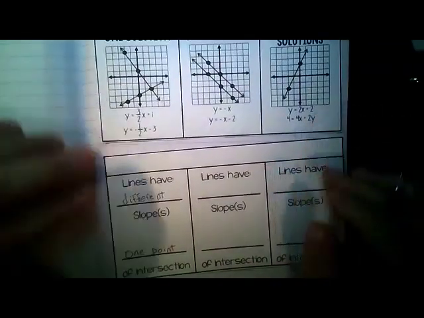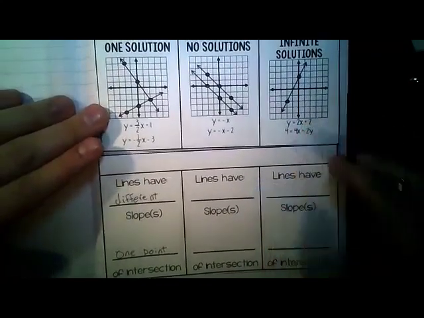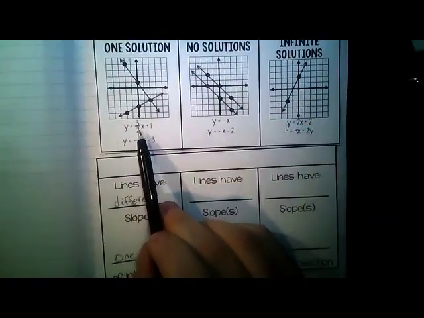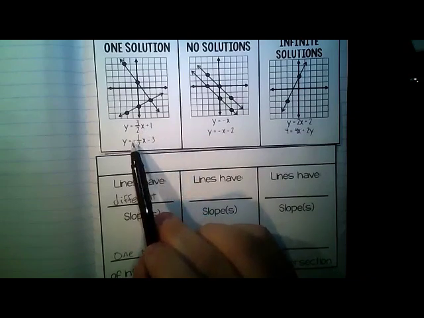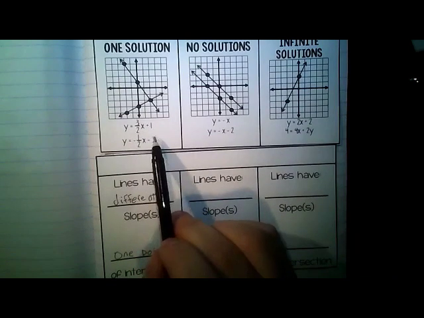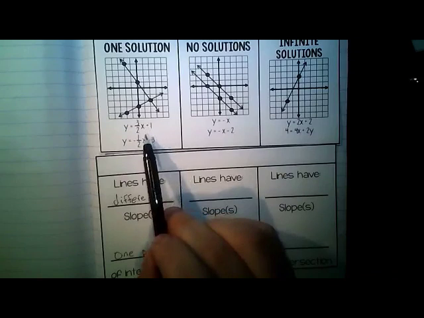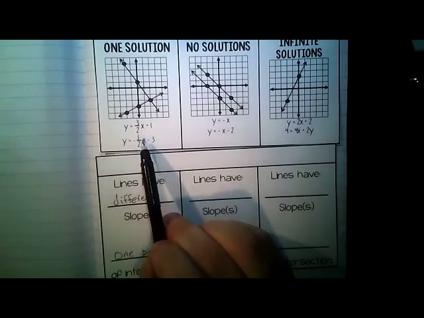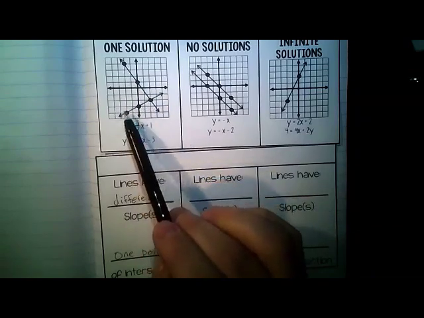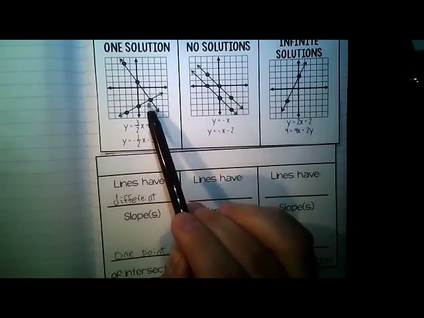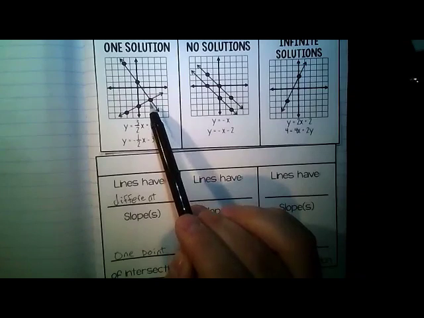So you see in this system of equations at the top, we have y equals 3 over 2x plus 1, and y equals negative 1/2 x minus 3. Now both of those equations have different slopes. Okay. They're going to cross, you see how they're graphed here, at one point, and that point is the solution.